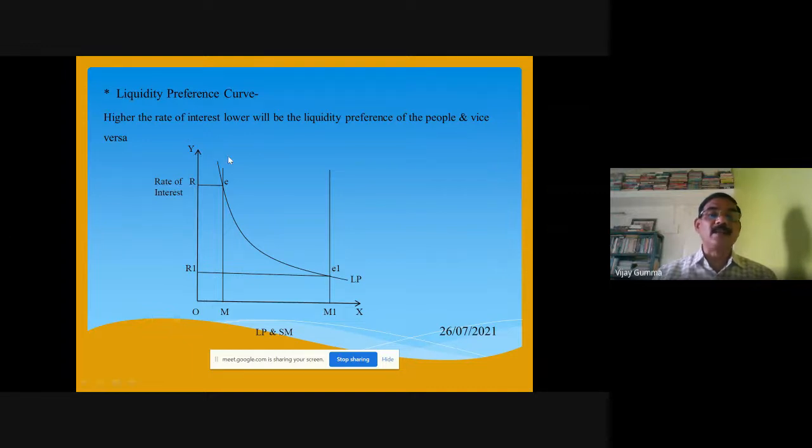So here, this LP curve, the demand for money curve, intersects the supply of money curve, which is a vertical straight line to x-axis, at point E. At this equilibrium point, when the supply of money is OM and the demand for money is OM, the equilibrium rate of interest is determined as OR.